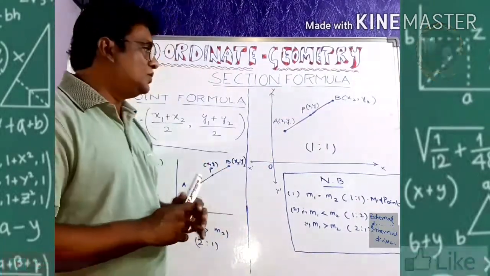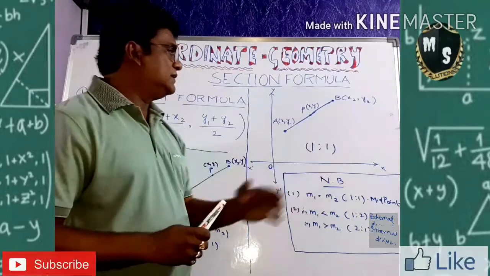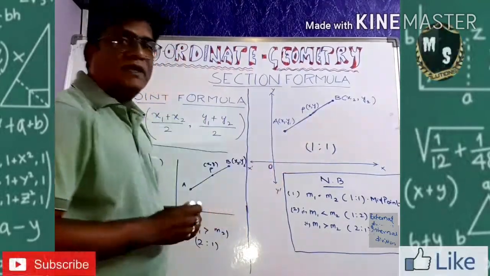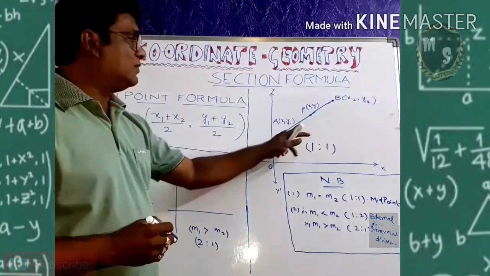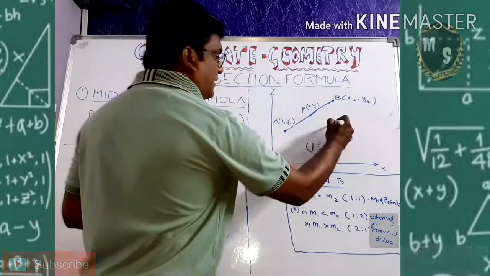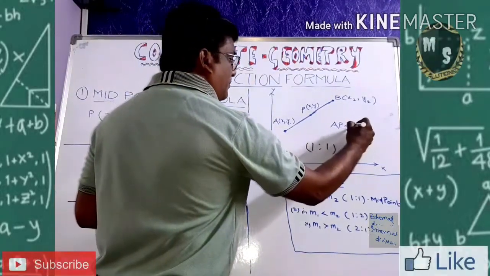Understood now? When I put it like this, it becomes two parts, that means two sections come into existence. One is called AP and another is called BP. Here AP is equal to BP. Why?